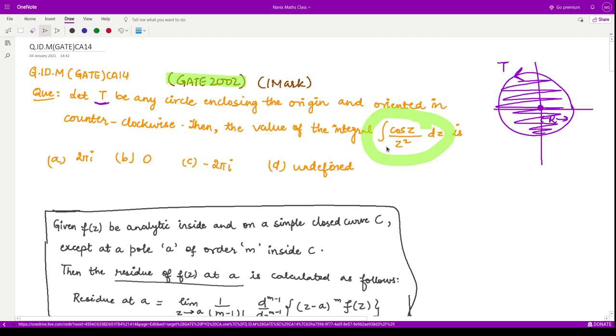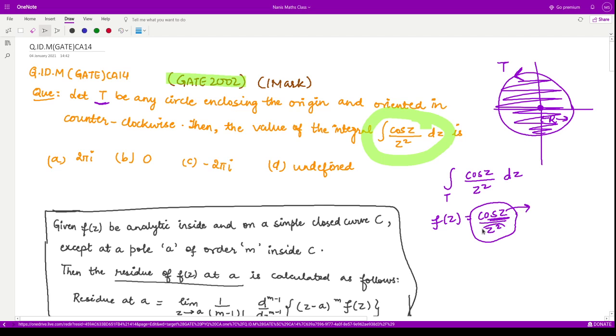So now we are to calculate the integral over T of the function cos z divided by z square dz. Firstly we see that the function f(z) defined by cos z divided by z square is not infinity at any of the points by virtue of the cos; cos z is a bounded function, so this causes no problem.